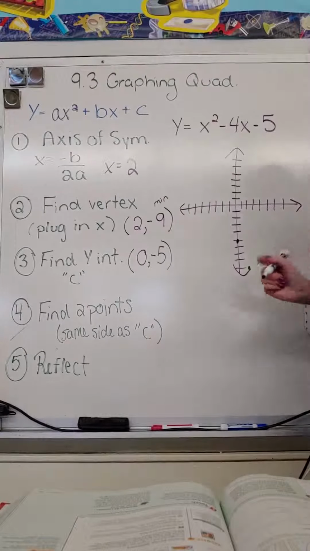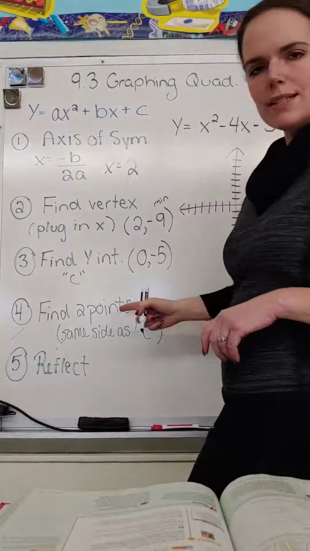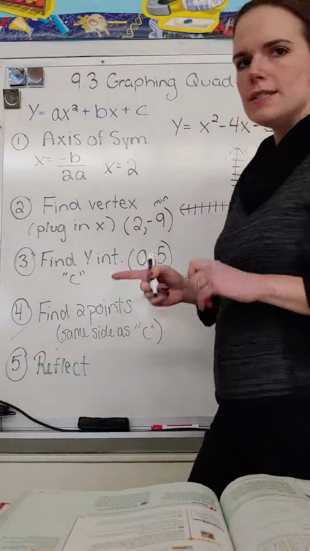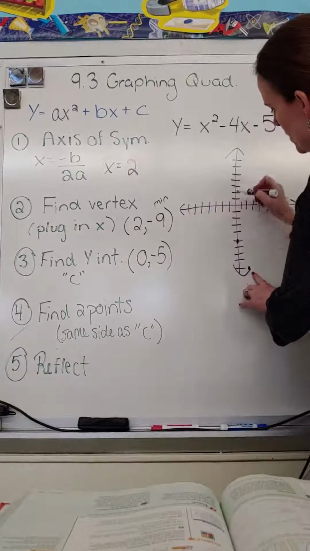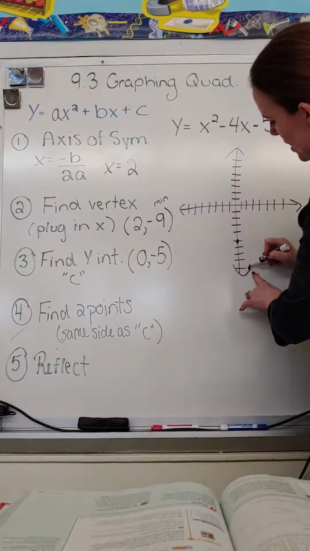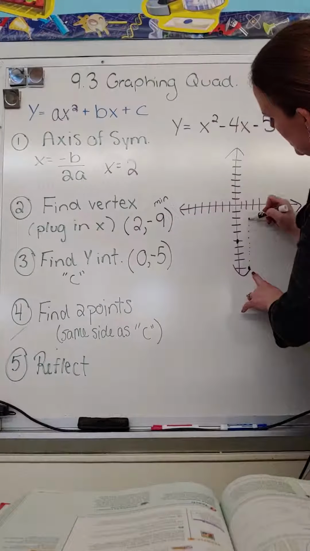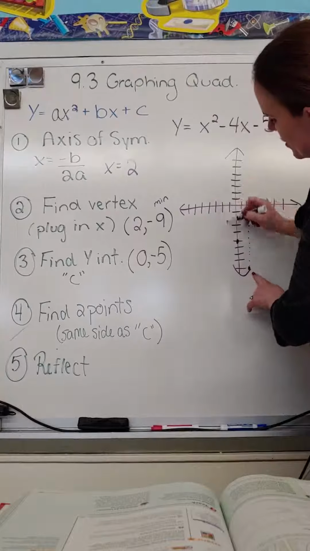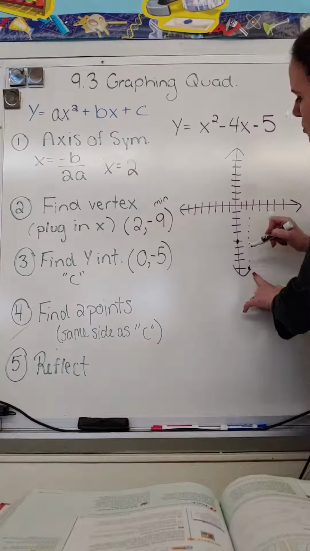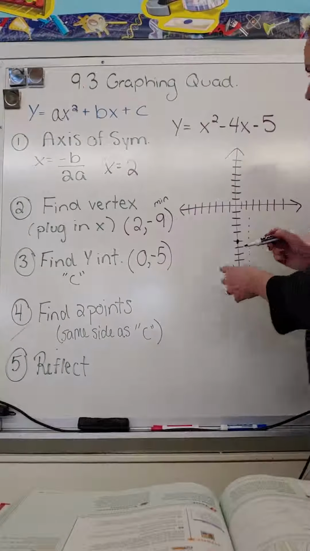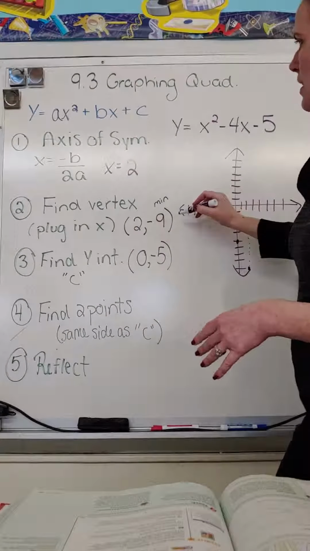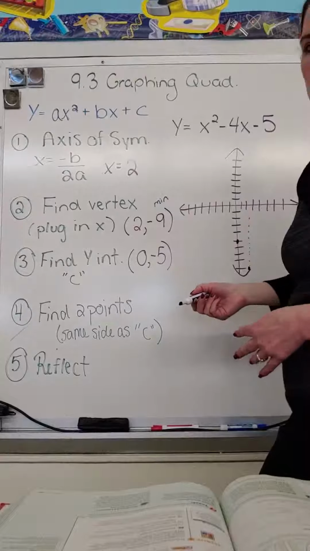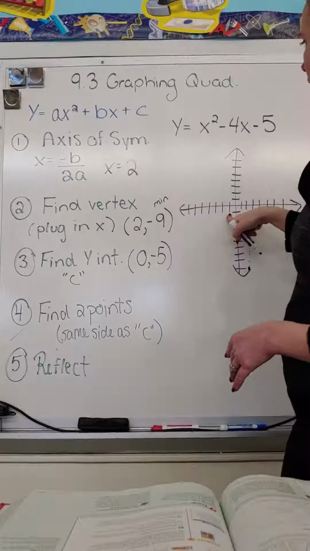And then you find 2 more points that are on the same side of the axis of symmetry. If this is my axis of symmetry, I'm looking for the points that are on this side. So you're just picking random x values over here and finding y. So I might pick a negative 1.